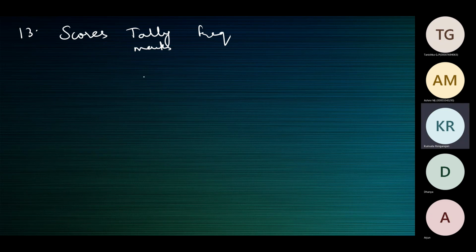Write out all the scores once in the ascending order, children. That's what it is. You must write out all the scores once in the ascending order.